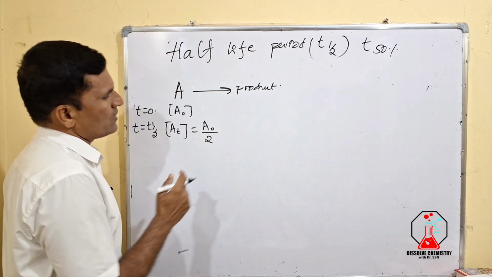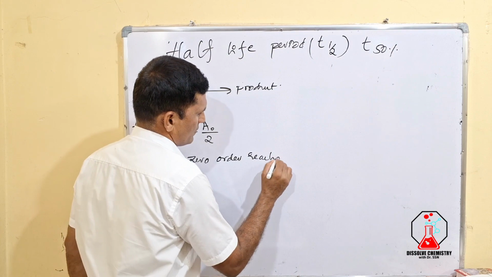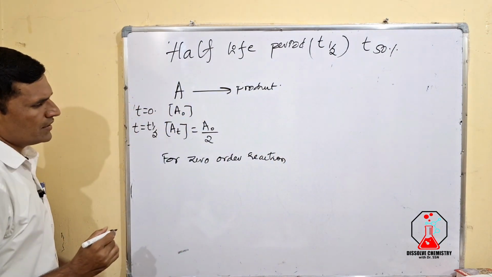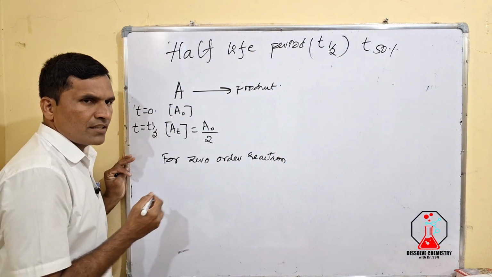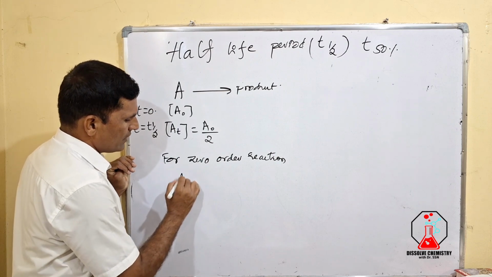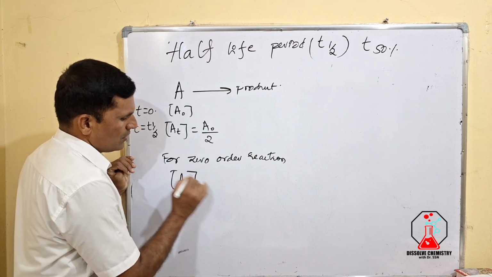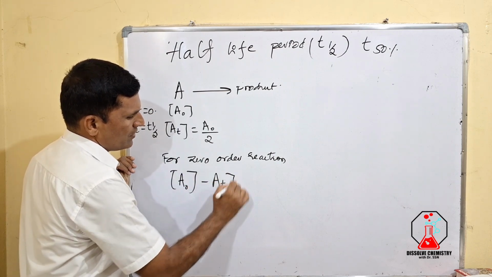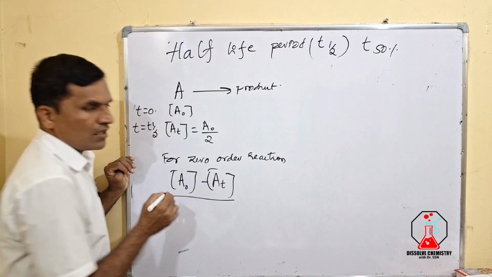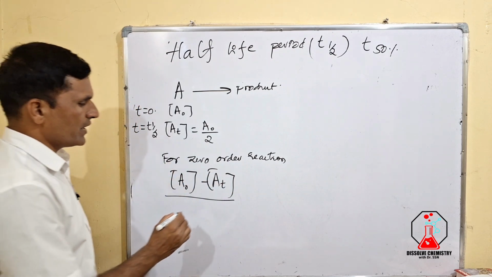Now for the zero order reaction, what is the integrated rate equation? Already we have derived it. Please go through our previous video where I discussed how this integrated rate equation is obtained.